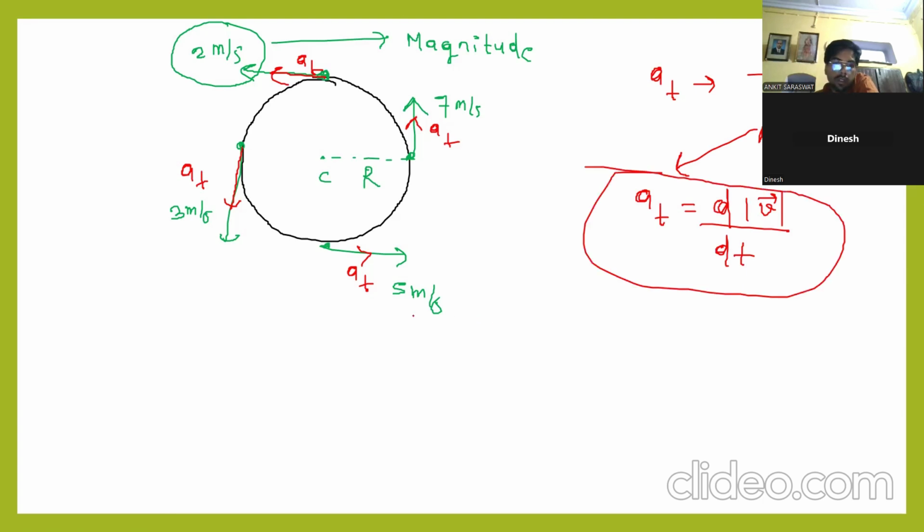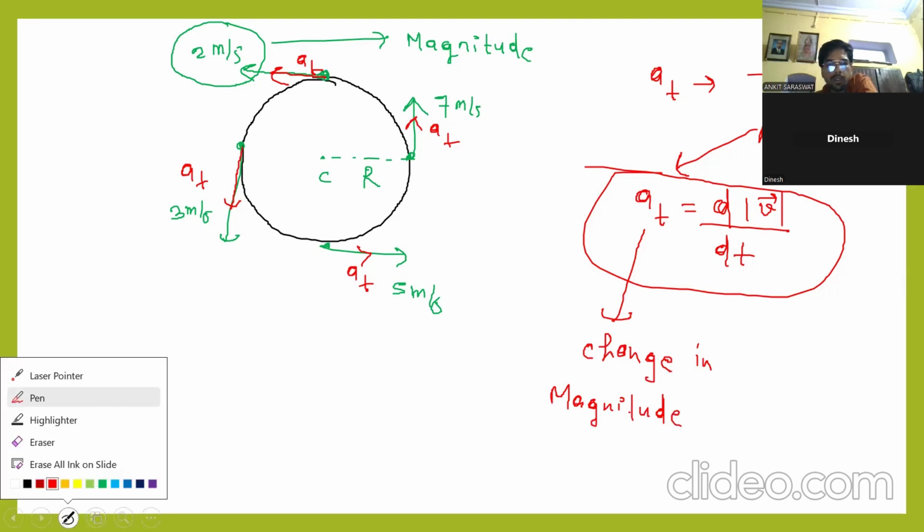So this is responsible for the change in the magnitude. If the magnitude is changing, it means there is a tangential acceleration. I think it is clear to you.